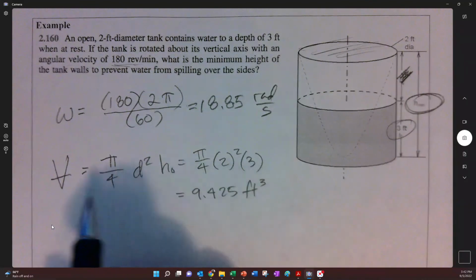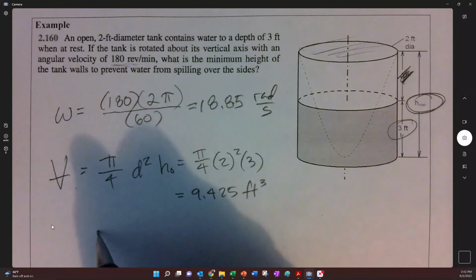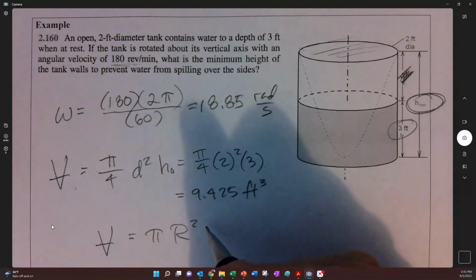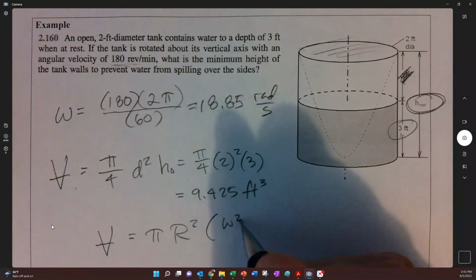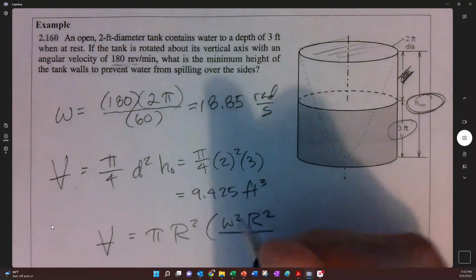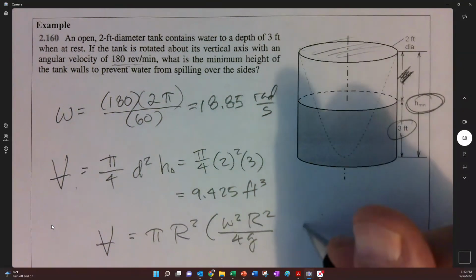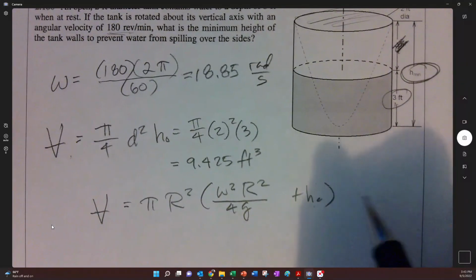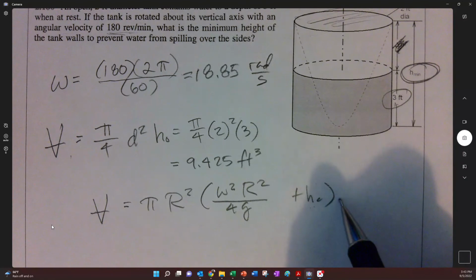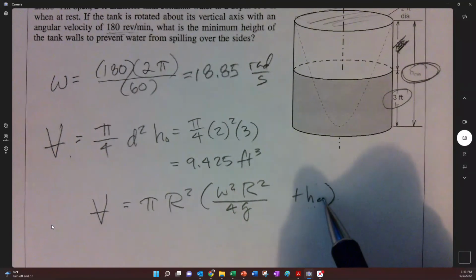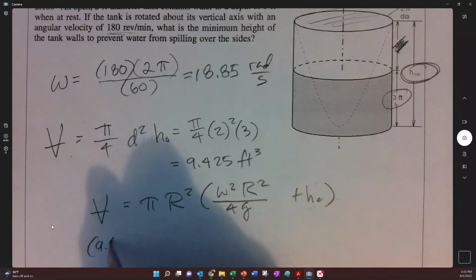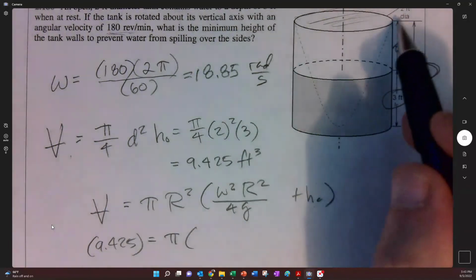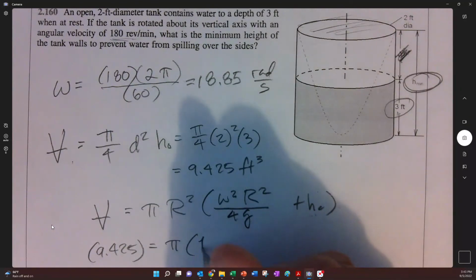And so we want to set this equal to what we just got a minute ago, right? So the volume was going to be pi r squared times omega squared r squared over 4g plus HC. And that's going to give us HC. That's what we needed, right? So we need HC to find out what the maximum height is going to be. So we say 9.425 is equal to pi. Now the radius is 1 because the diameter is 2, right?